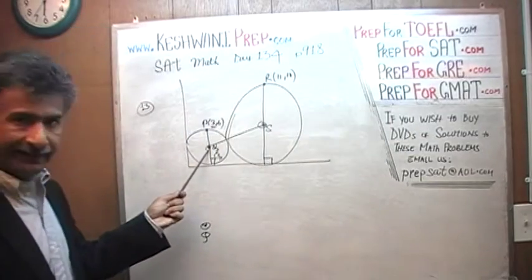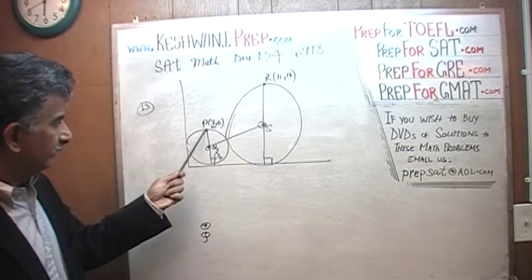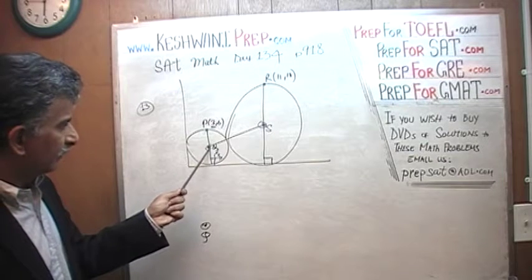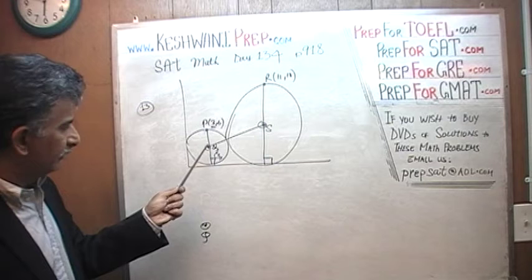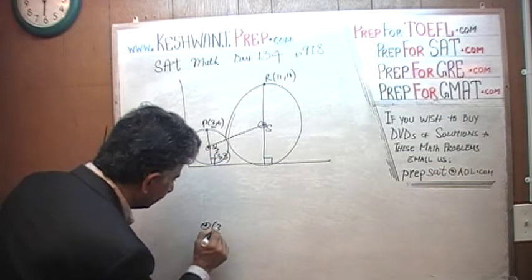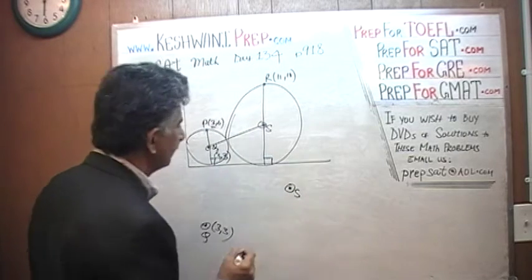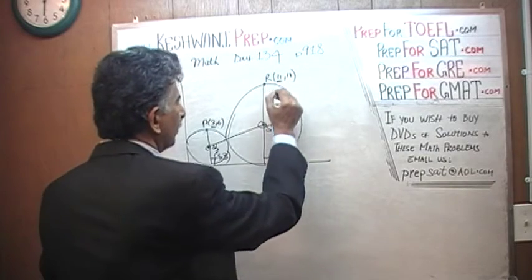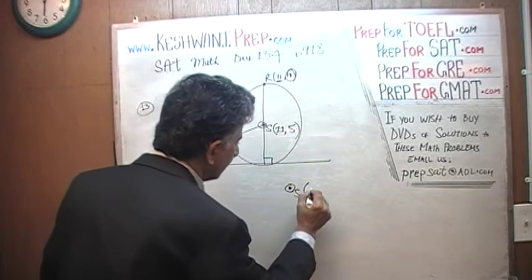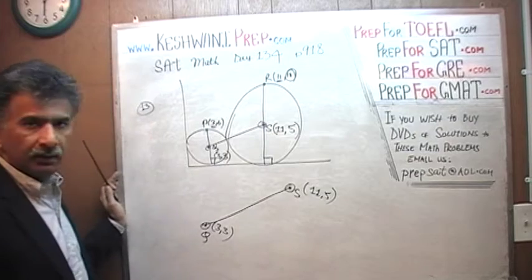Since we are told that Q is the center, this distance, because it's going at 90 degrees, is the diameter, which is 6. 6 is the diameter of the small circle, which means the radius is 3, which means the y coordinate of Q is 3. Q goes from (3, 3) to point S, which has the same x coordinate as this guy, which is 11, and the y coordinate is half the diameter, which is 5. So (11, 5). And this is the line that we're looking at.